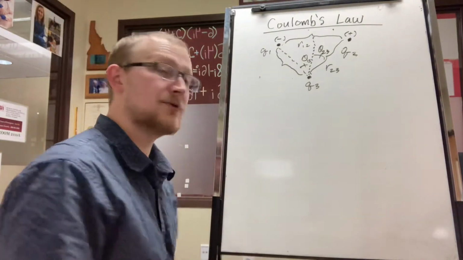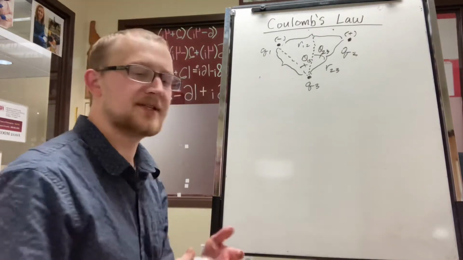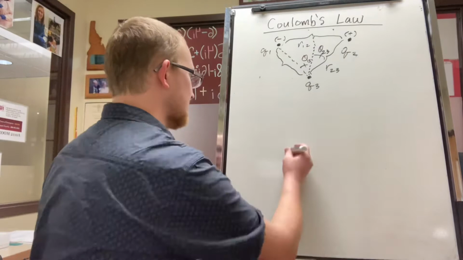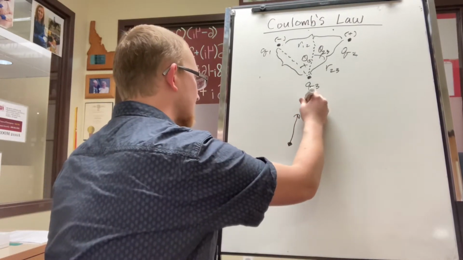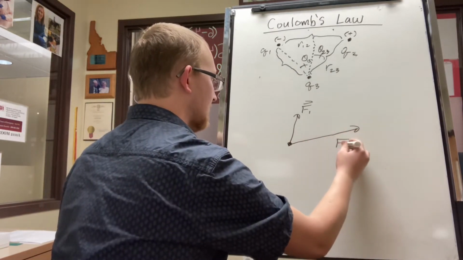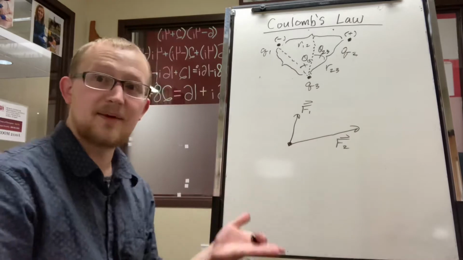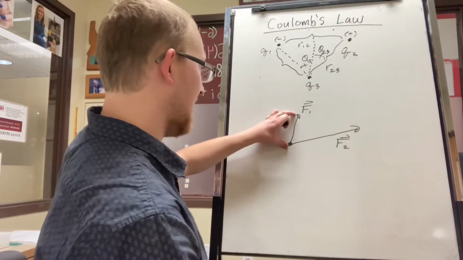But maybe the best way to start explaining superposition is this: if you have two forces acting on an object, say some force 1 acting in this direction and some force 2 acting on the same object, and you're interested in the resultant force, these are vectors, so they add like vectors.